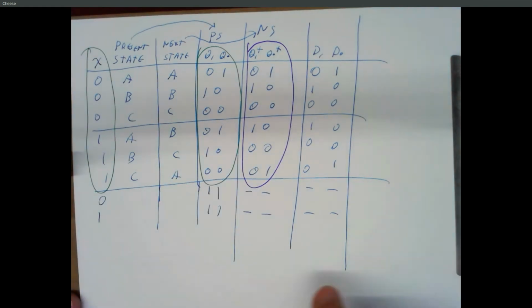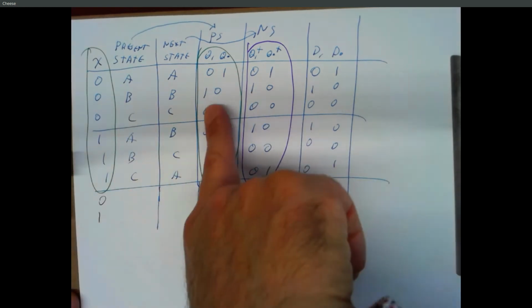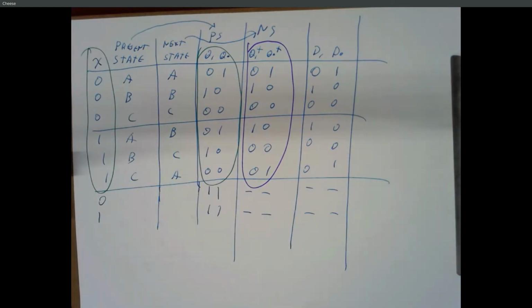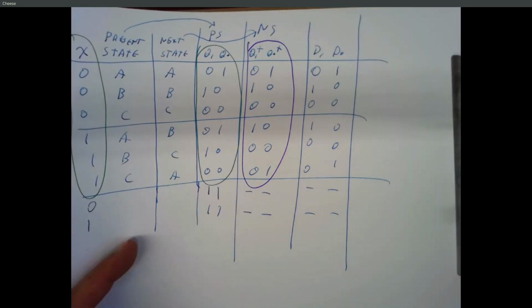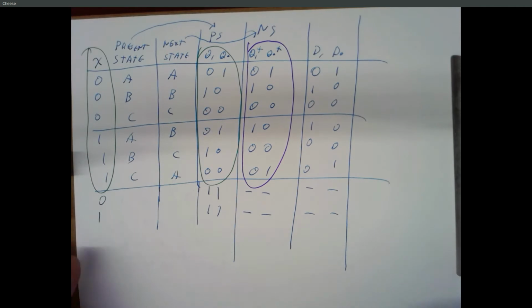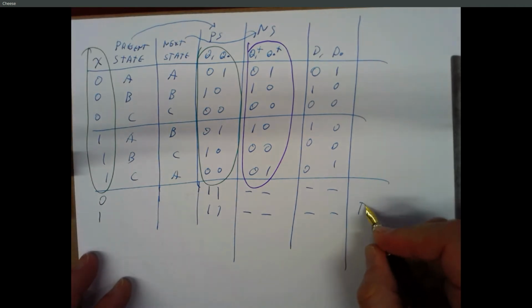And so this is where, if you can do your states in order, 0, 0, 0, 1, 1, 0, you've got the usual ordering, but that doesn't really hurt us. We can still write equations for D1 and D0. And you could do a K-map, but let's just eyeball it.